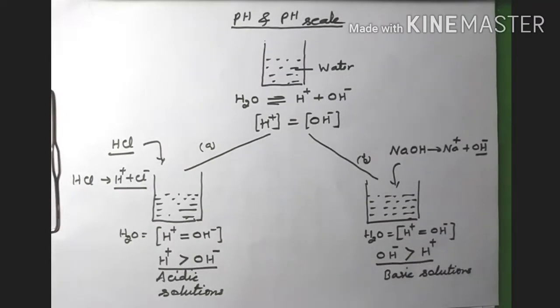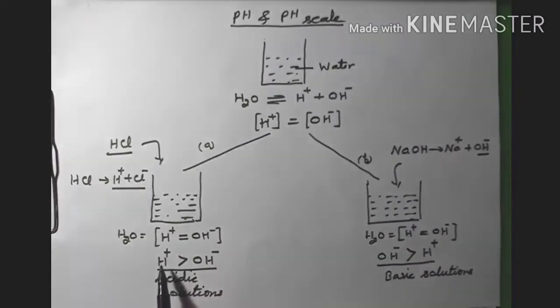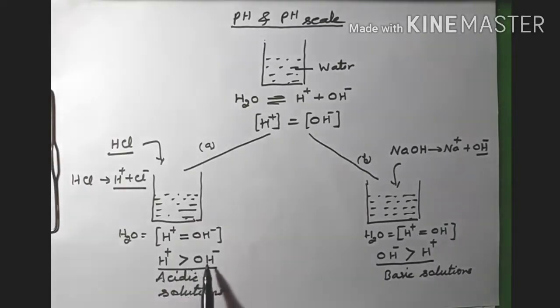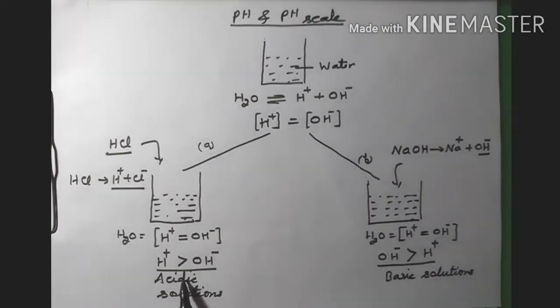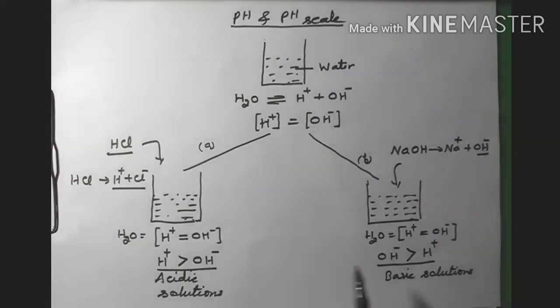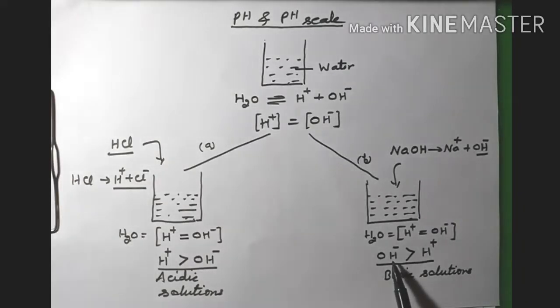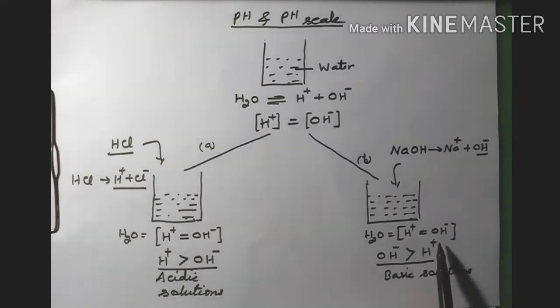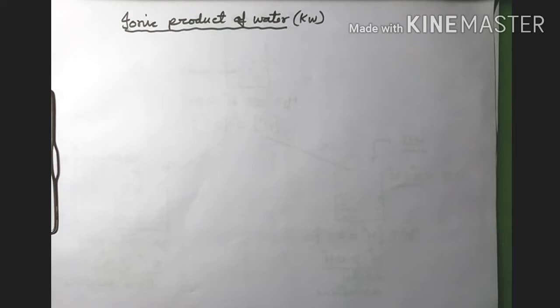Now one thing is clear to you: if in any solution H plus ion concentration dominates over OH minus ion concentration, the solutions are said to be acidic, and if the concentration of OH minus ion dominates over the concentration of H plus ion, the solutions are said to be basic.